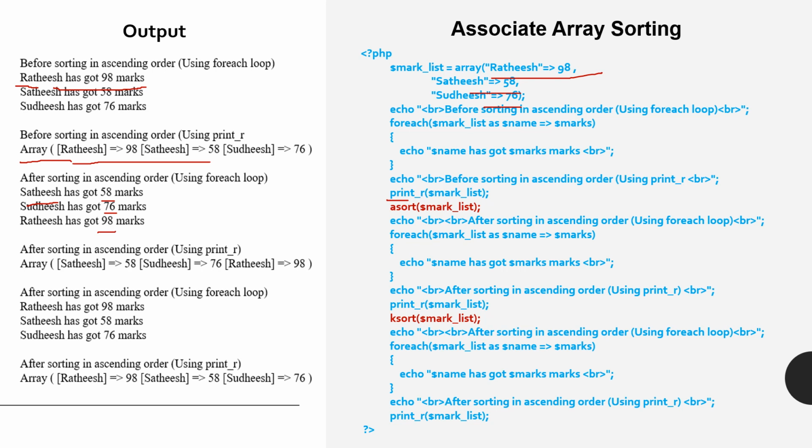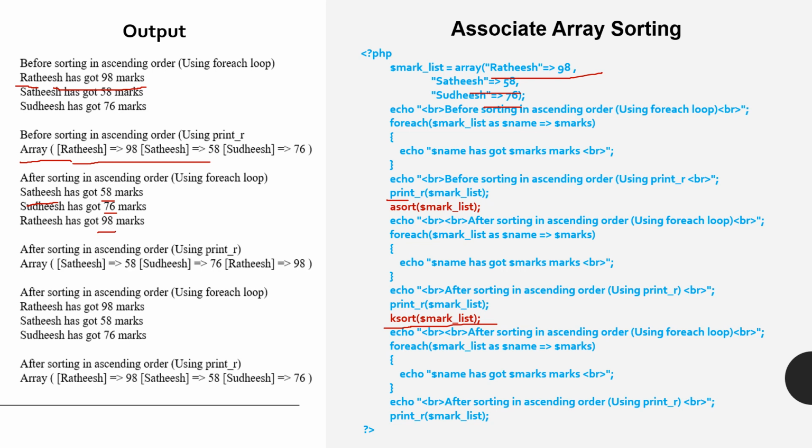Suppose you want to sort based on key, you need to specify ksort, key sort. See, this is based on key sort. Using key sort we have used it here.